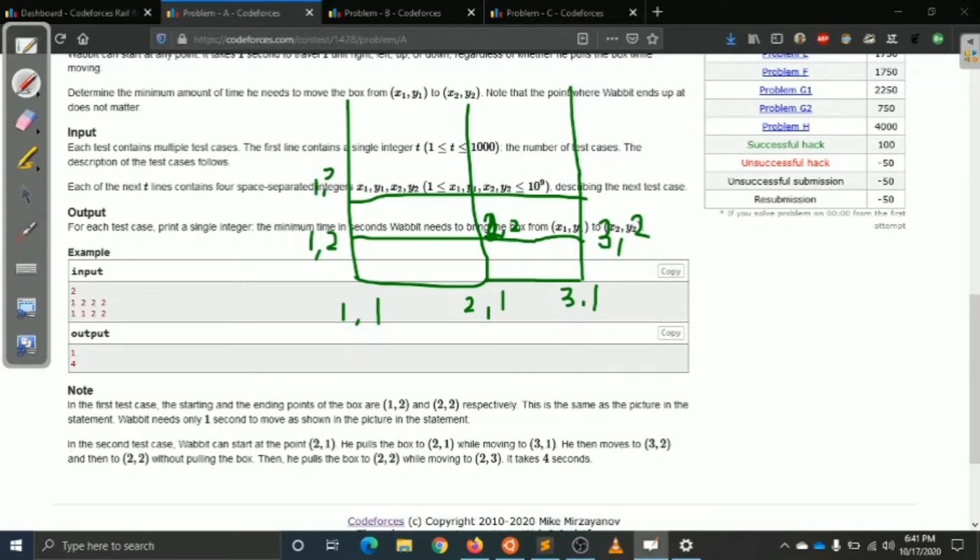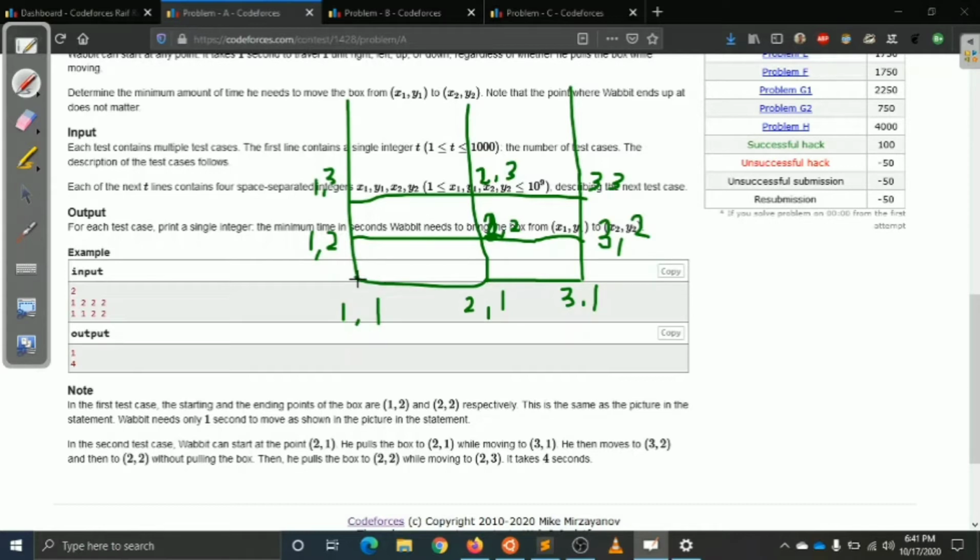Basically, the simple idea is that if I move from x1 to x2, that is going to cost me the absolute value of x1 minus x2. Now we are concerned about the distance between y1 and y2.